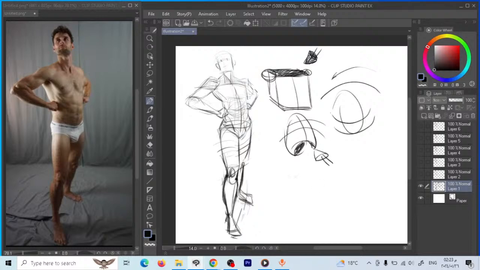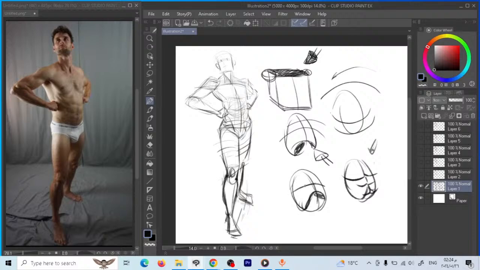And also the chest muscles, if I'm going to draw it properly, this is looking from down below, and the same rib cage from here. So the chest is going to be like this. Also, the big muscles are going to be like this.